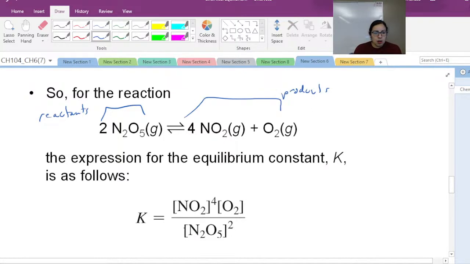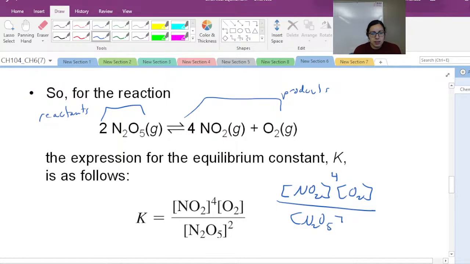And then obviously I displayed the answer, but we can follow along. So products over reactants, we have our concentration of NO2 to the power of 4, times O2. And then over our reactants, so that's N2O5, and again, raised to the power of 2 from our balanced equation.